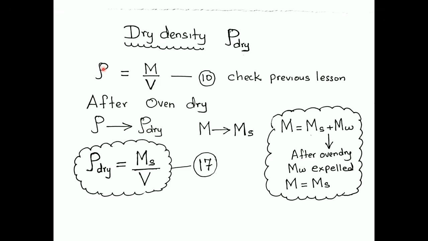Therefore, rho dry is equal to MS over V, instead of M. We can consider this also a definition, equation number 17. Dry density is equal to mass of solid, the oven dry mass, over total volume.